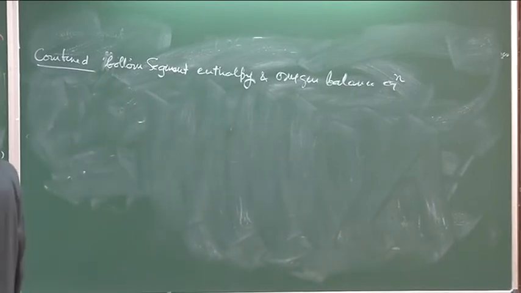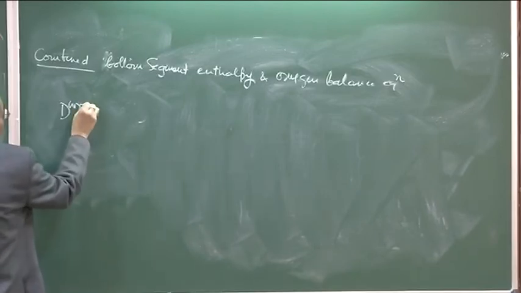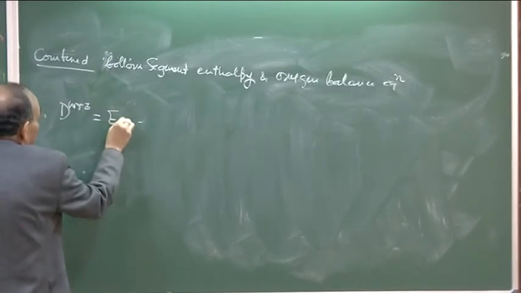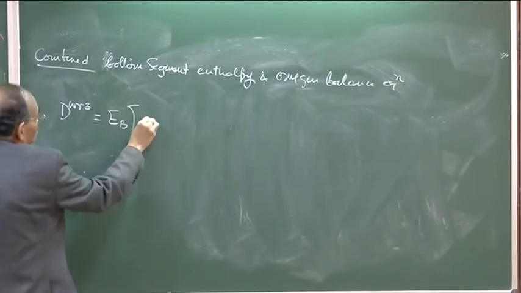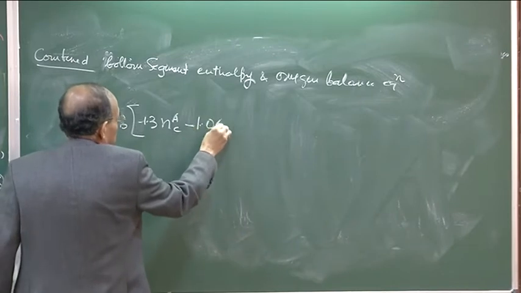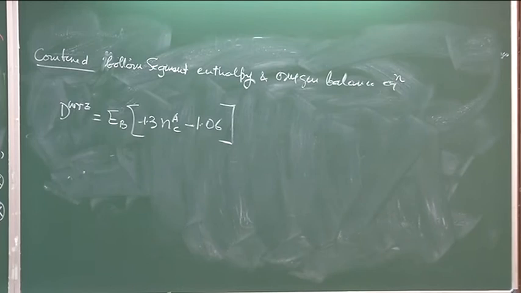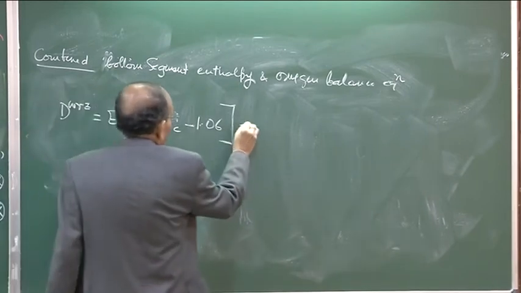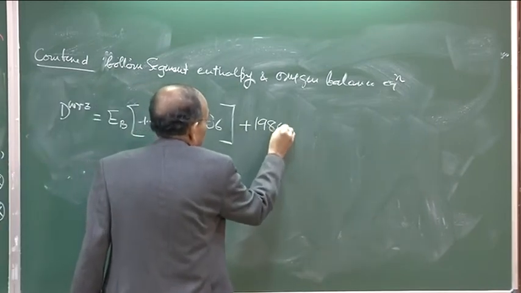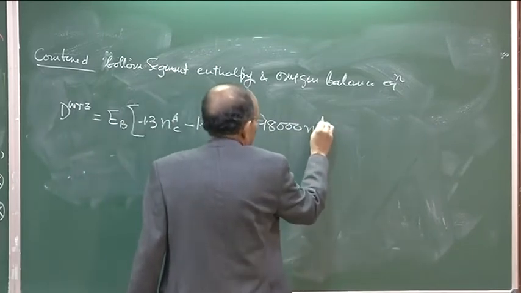We are going to eliminate that NOB term, and therefore we write dWRZ, the demand of the austerity reduction zone, is equal to the enthalpy of the blast multiplied by (1.3 NSC minus 1.06). So NOB we have substituted, and then we have 198,000 into NSC.